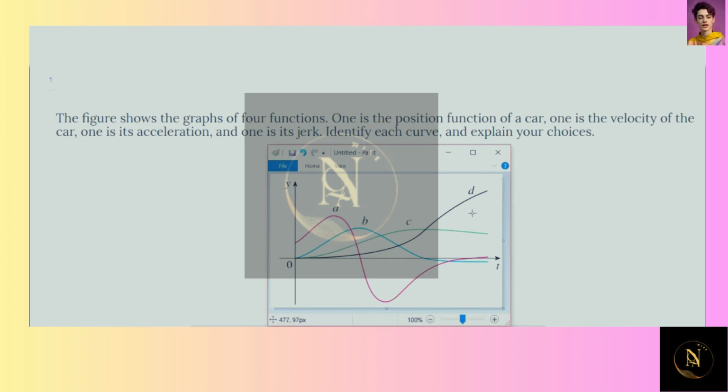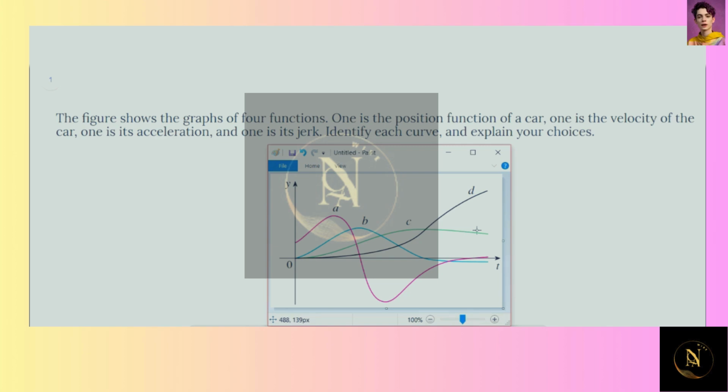We're just going to start, let's say, with curve D and see what we can determine from discussing the derivative of each function. If we look at curve D, it is always increasing. If this curve is always increasing, its derivative must only be above the x-axis, so only positive.